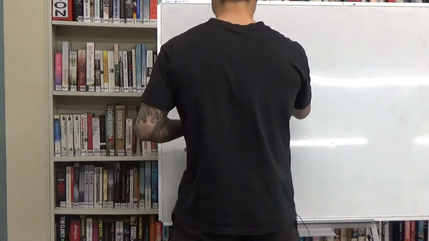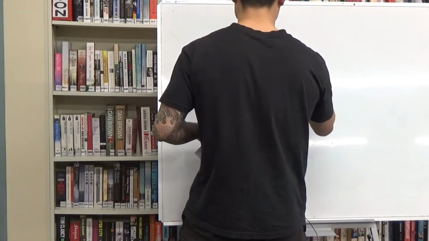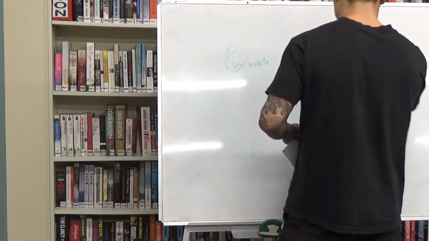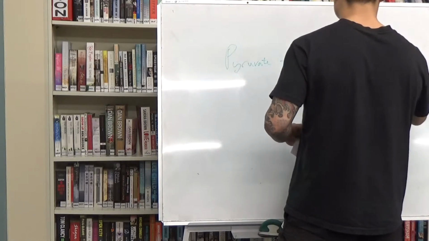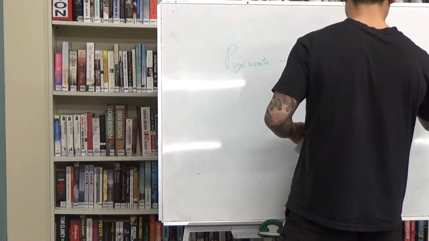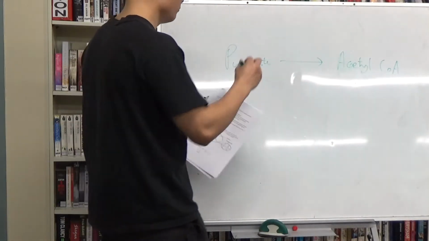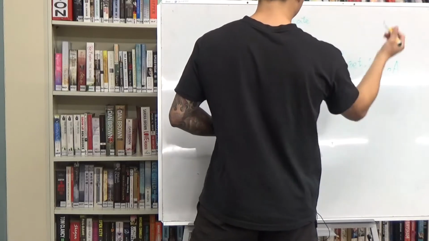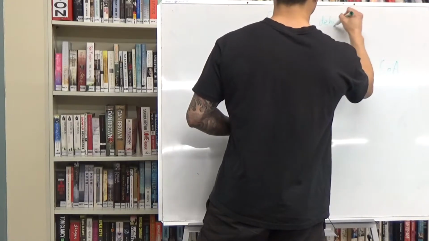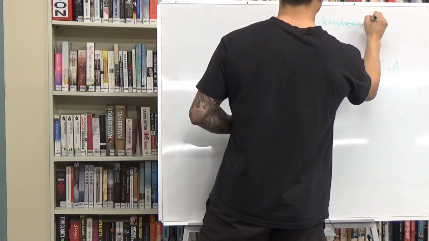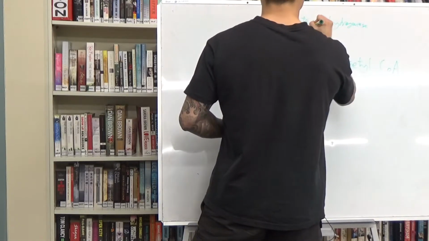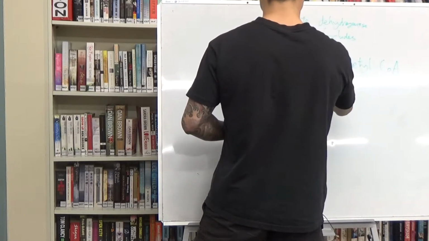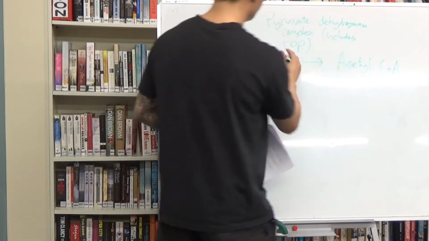So when you convert pyruvate to acetyl-CoA, you have an enzyme complex called pyruvate dehydrogenase complex, and that includes thiamine pyrophosphate, okay?